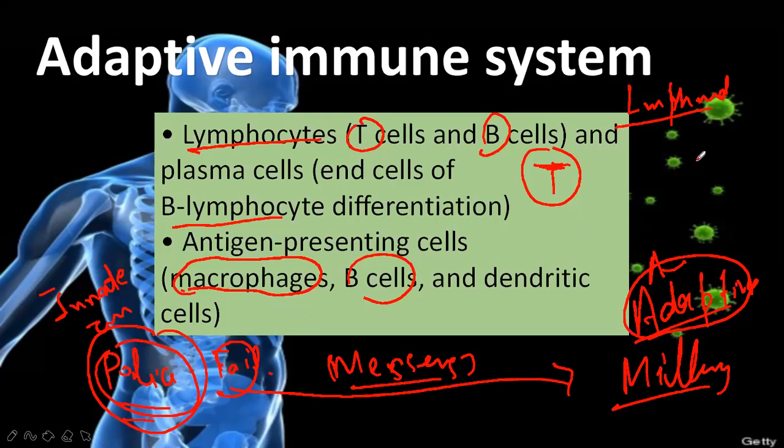So what are the headquarters, the homes? I must give a message to the T cell. So the home of the T and B cells, what is it? Lymph node. I will give you one simple example. You have a throat infection, yes? Sore throat, common in the winter season.